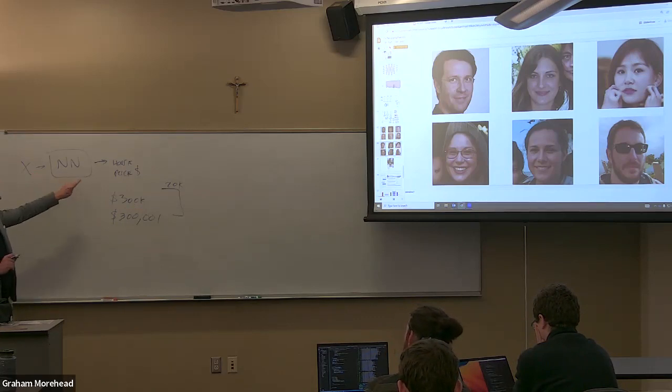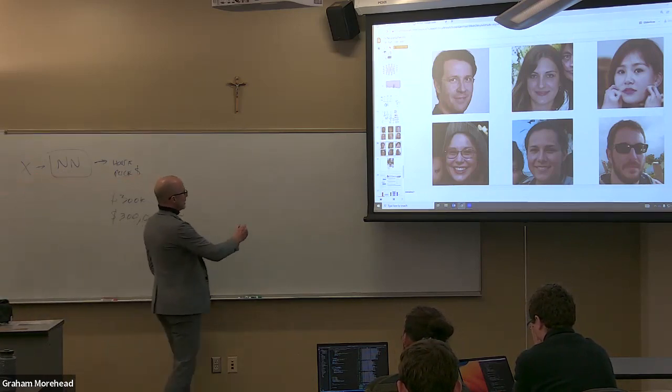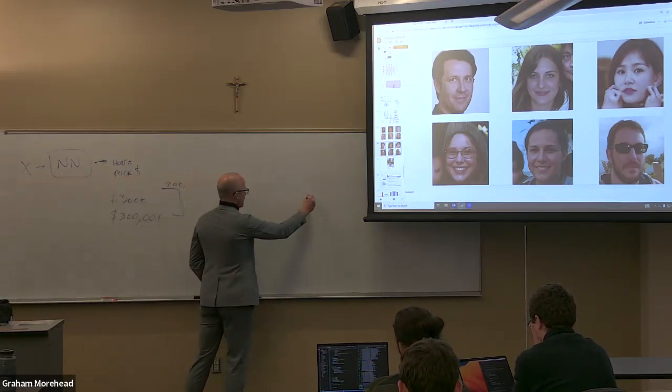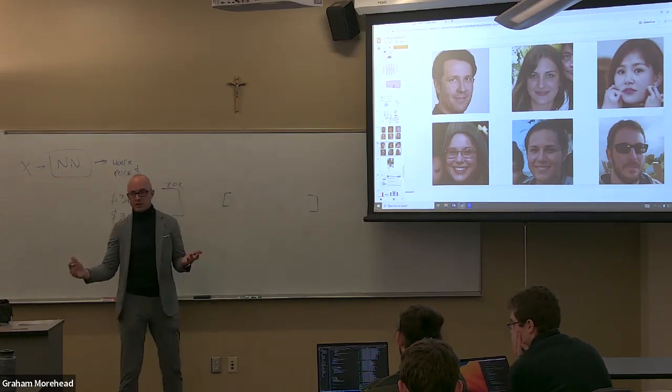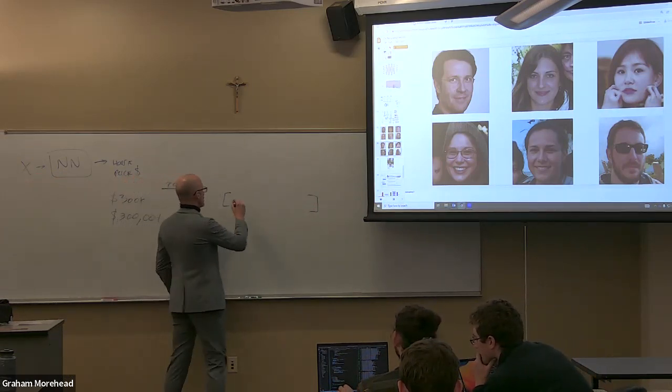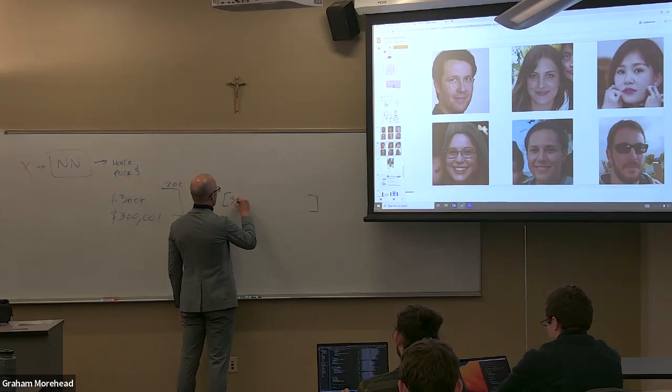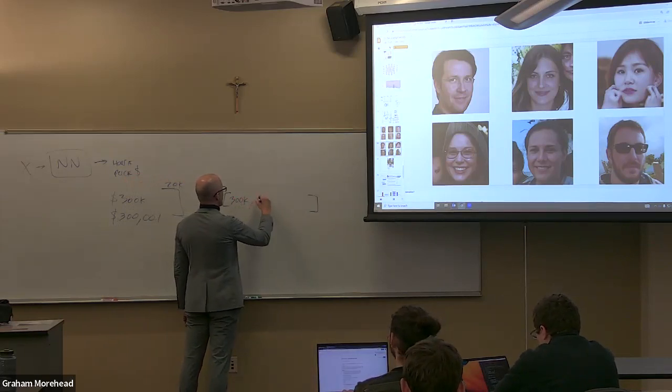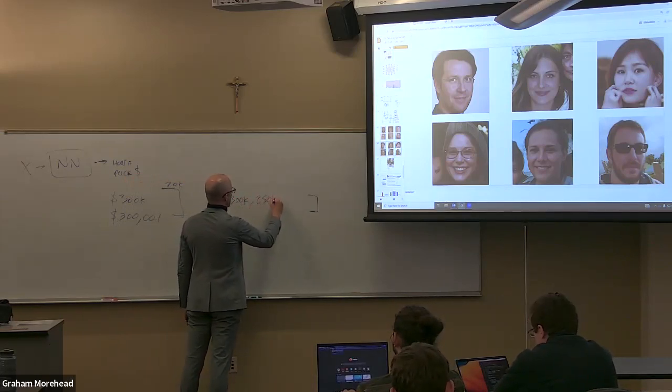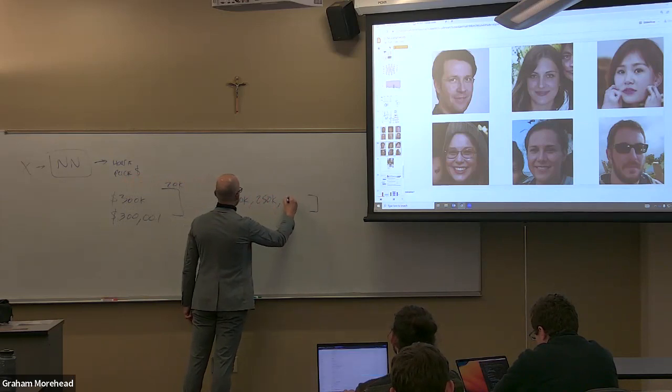Now, another way to judge this is correlation. Let's say you have 3 input vectors, and the real values are 300K, 250K, and 900K.